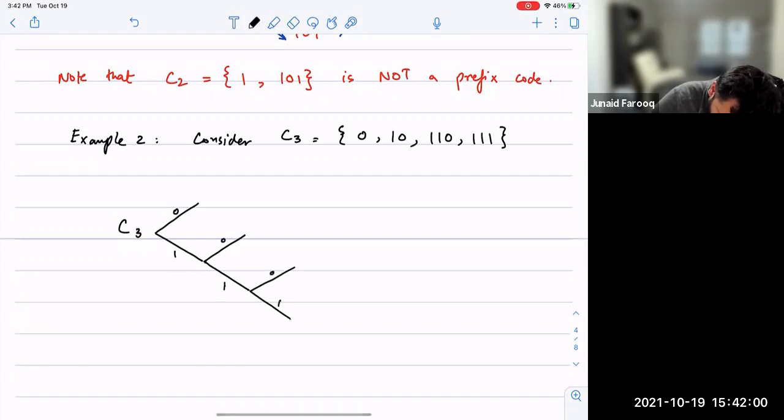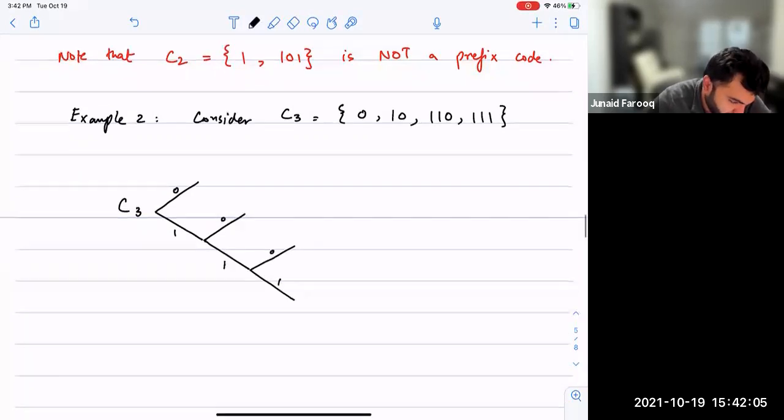And then again 2 branches. Okay, and yeah, that's it. So let's mark our code words. So first one is 0, the other one is 10, and then 110.